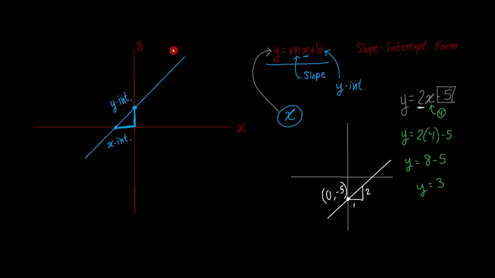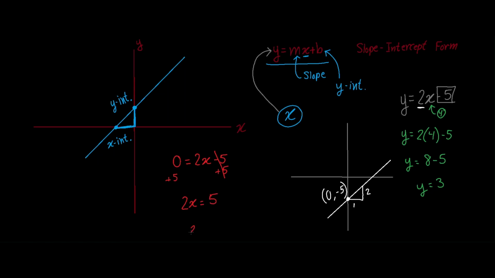If we wanted to find the x-intercept, the value when y is equal to 0, we could substitute 0 into y. So it would be 0 is equal to 2x minus 5. If you add 5 to both sides, these two cancel out, and you would get 2x is equal to 5.